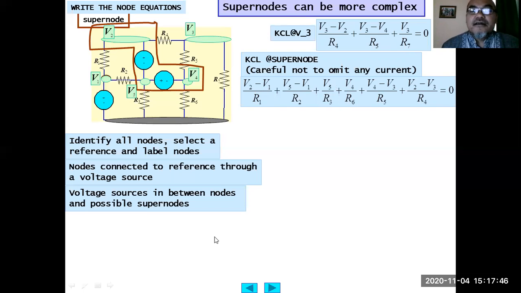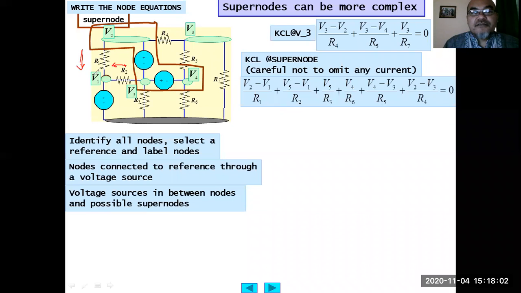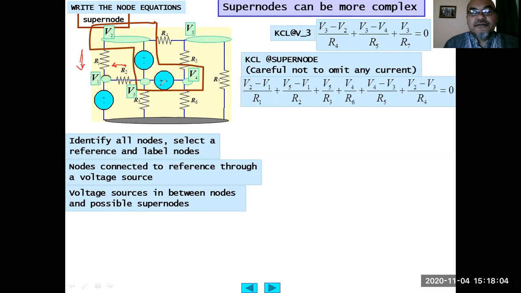Then this current is (V5 minus V1) divided by R2. Okay, we had better draw with a different color. So here, this is (V2 minus V1) divided by R1.